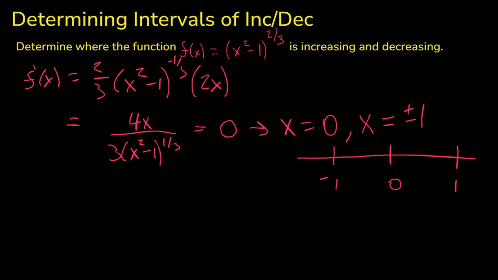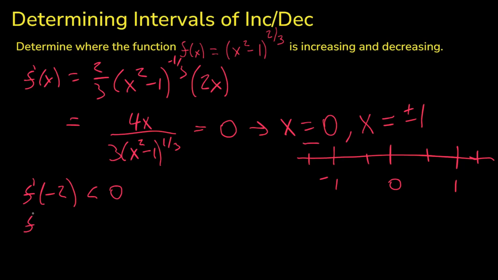And then we just test a value before, between, and after each of those critical values, and we plug that into the first derivative. So something before -1, we would test, let's say, -2. The first derivative is going to be negative at that value, so this entire interval is negative.